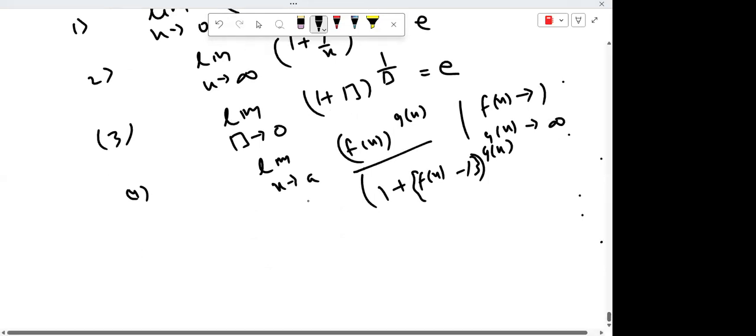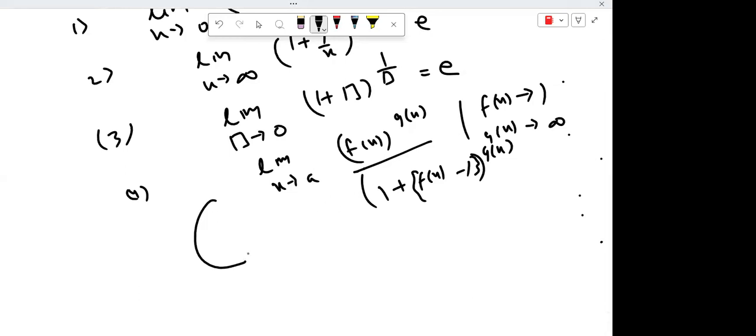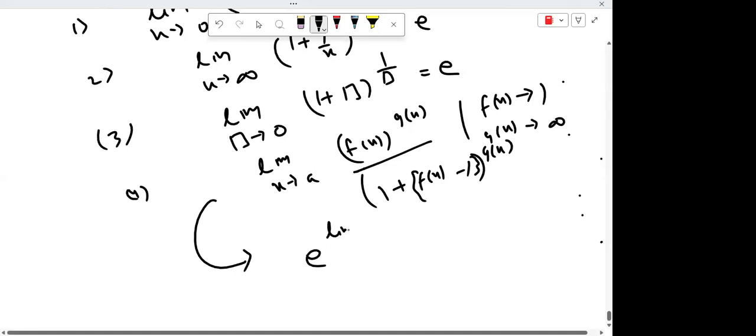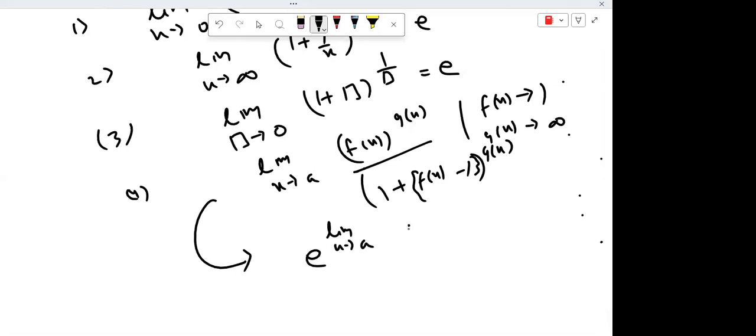Remember this, whenever you have limit x tending to a, f of x to the power g of x, just write this as e to the power limit x tending to a, (base minus 1) into power. The base is f of x and power is g of x.